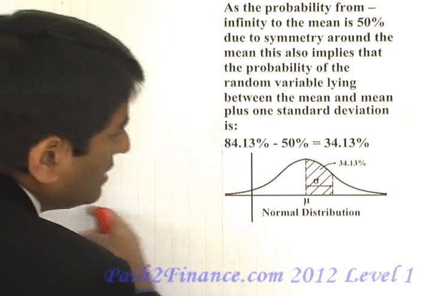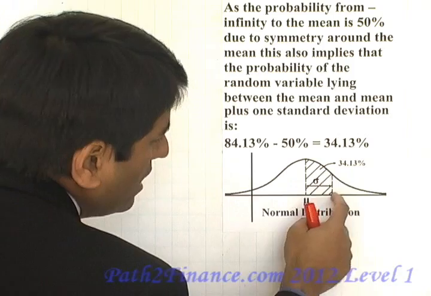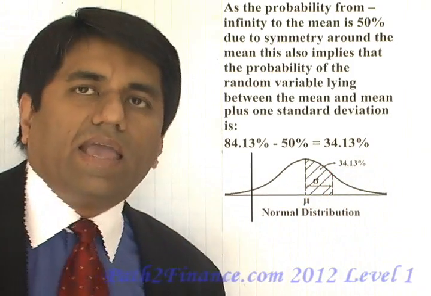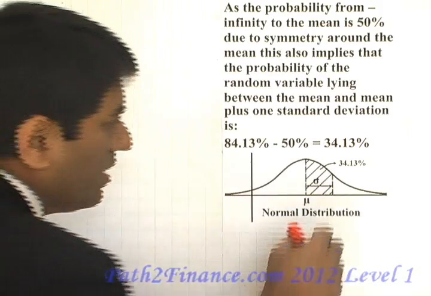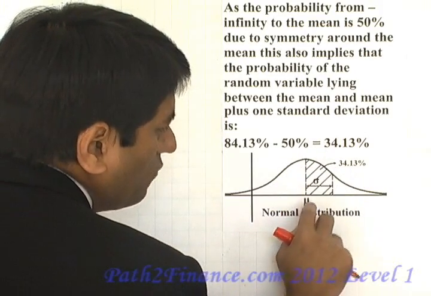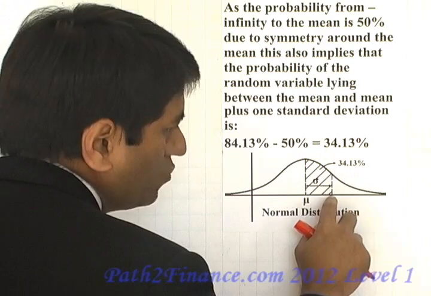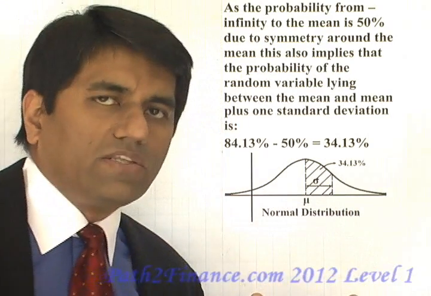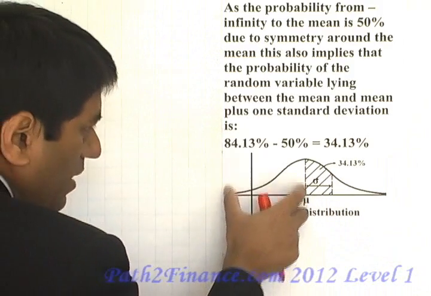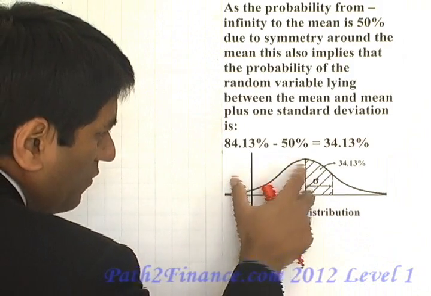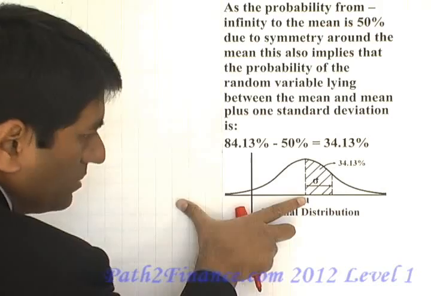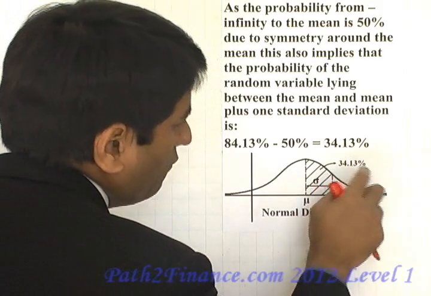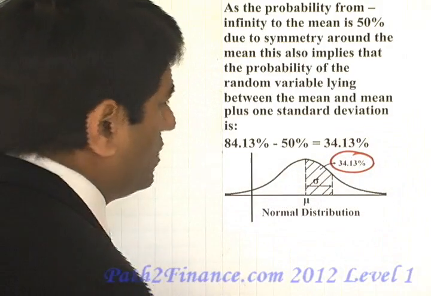So from minus infinity to this point where its standard deviation is 1, if that is 84.13%, then what is this area? From z equal to 0 to z equal to 1, well then this area would be 84.13% minus the probability of the variable falling in this range, which is 50%. So this area will be 34.13%.